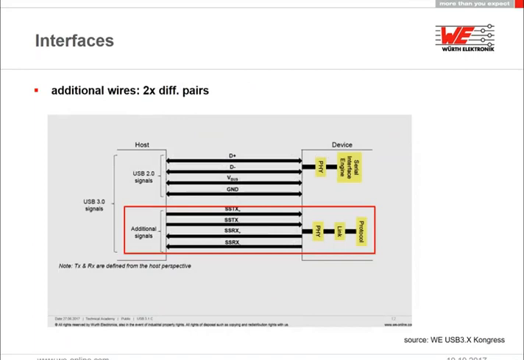So in the hardware we see that we have two additional wires, and these are implemented as differential pairs. So for the high-speed transmission via USB 3, we have 4 high-speed wires.